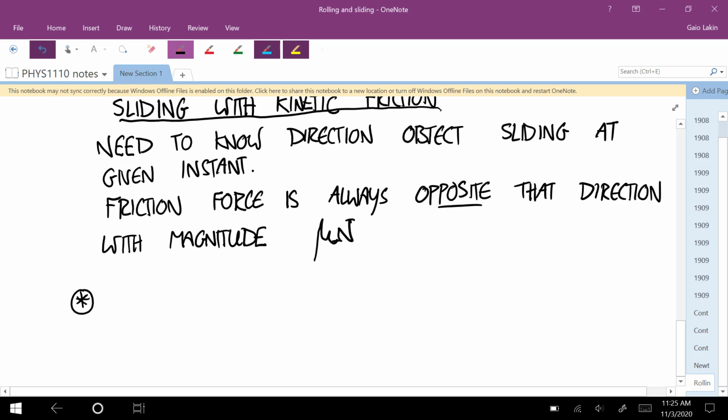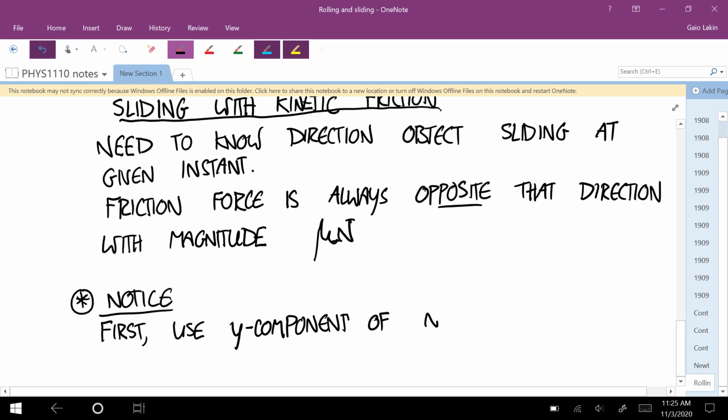And when you're doing these problems, you're always going to approach it the same way. First, you're going to use the y component of Newton's second law to find the normal force.